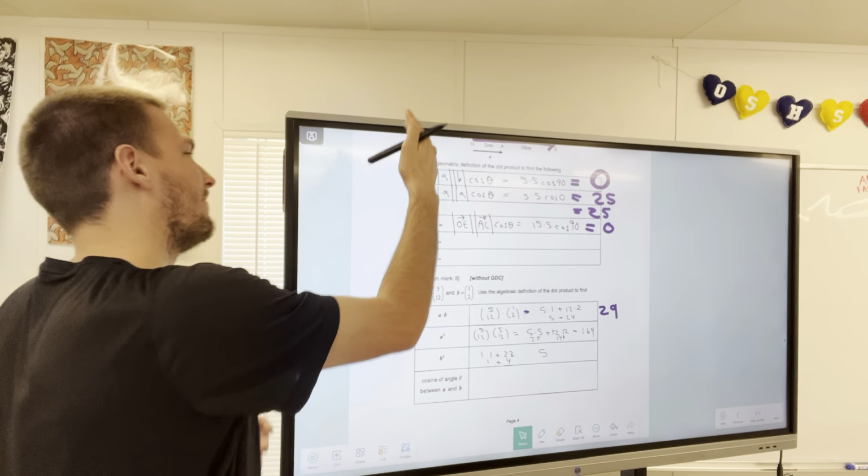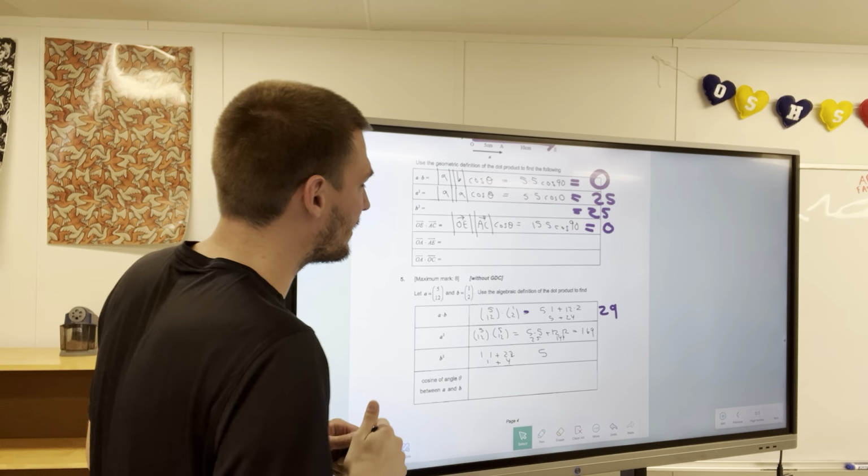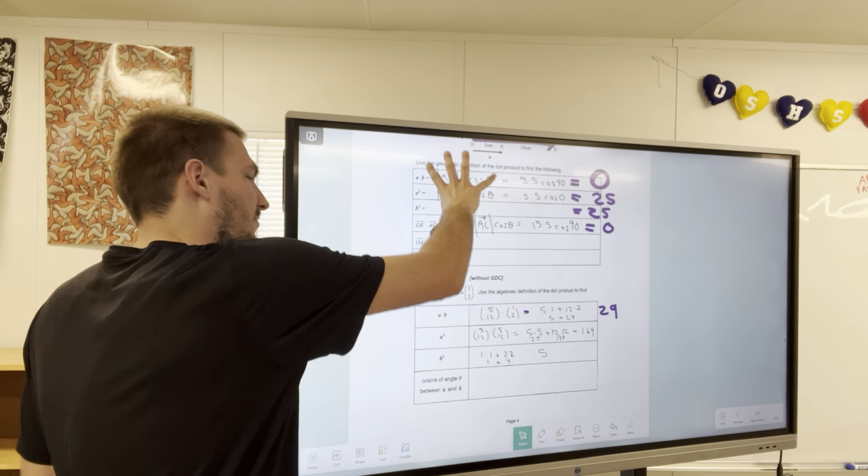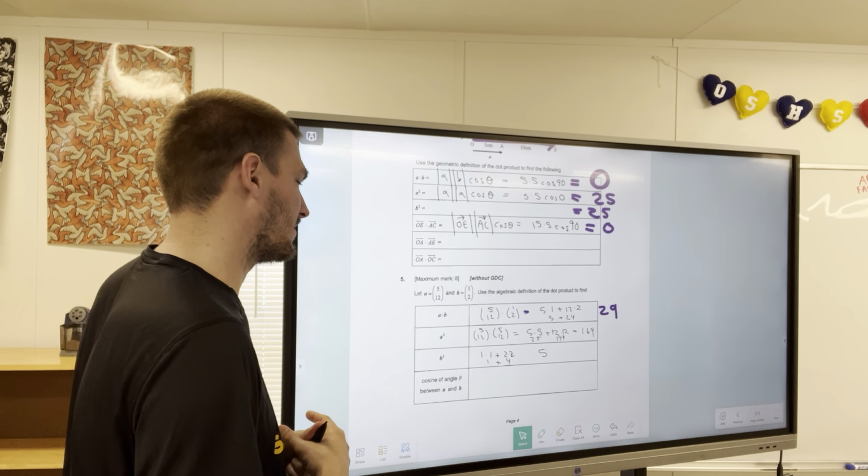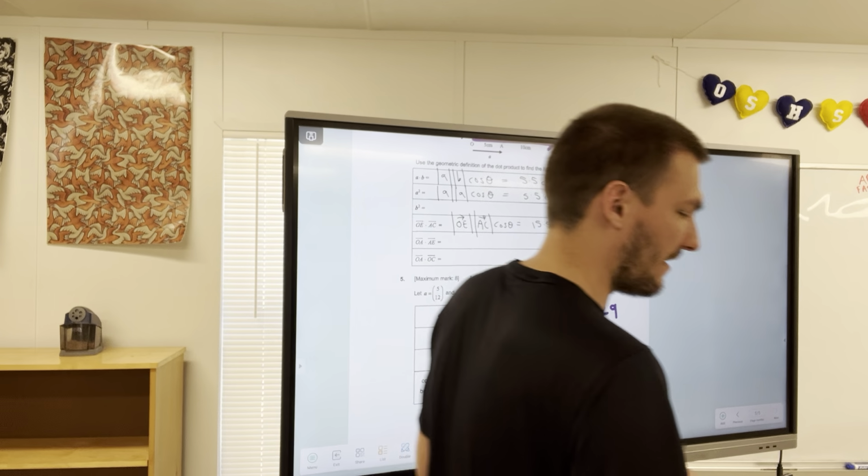We saw this other formula, which includes cosine a little bit, but that's our geometric formula. Here we're down in the algebraic world. We'll leave that for next time.